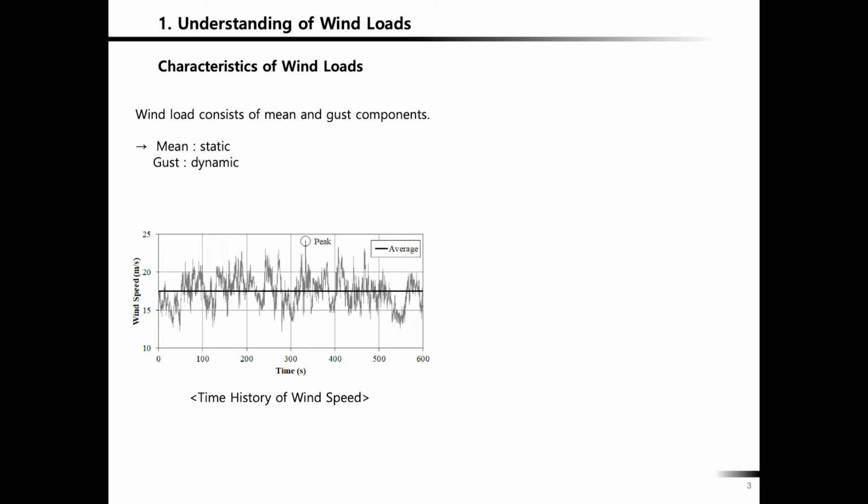And that's almost like a pushing force on the building, so it's more like a static force. And there's a variation around that mean wind speed, and that's obviously a dynamic force. And by this dynamic variation of wind speed, the structural response will be dynamic.